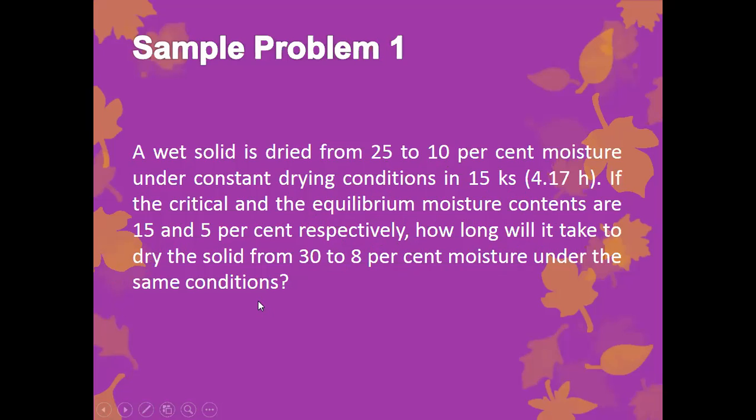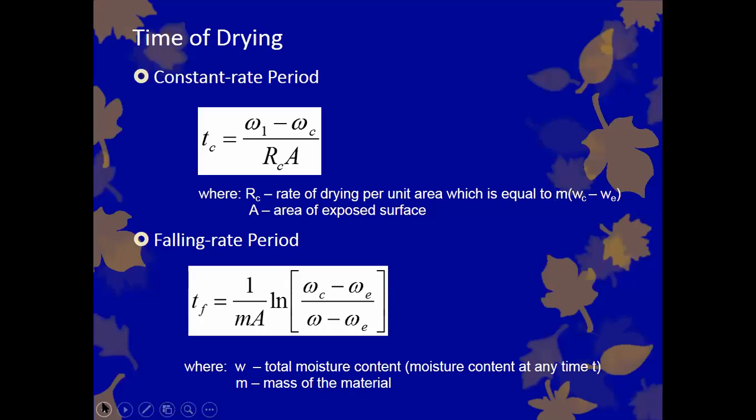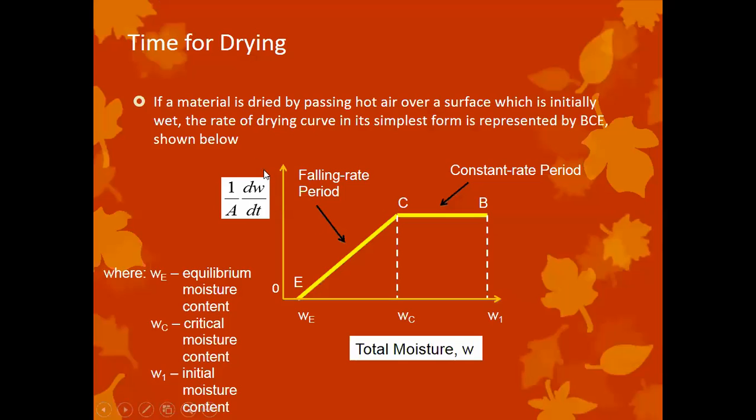Now, you have to understand, class, that in this problem, there was no mention about the falling rate period. This is only constant drying condition. So meaning, in the course of drying for this particular solid, there was no marked decrease in the rate of drying per unit area. Since it's constant, it's not always, class, that you will find the falling rate period and then add it to the constant rate period.